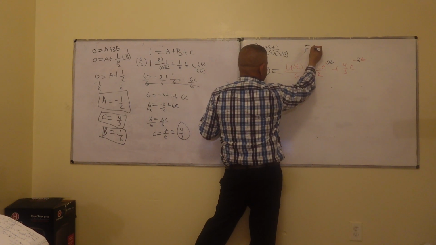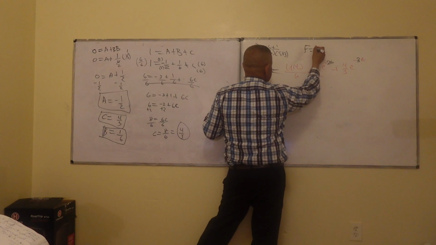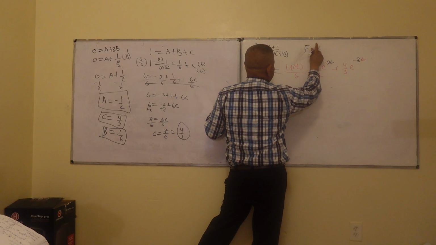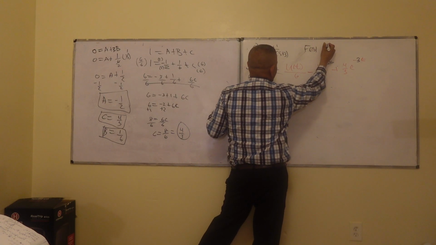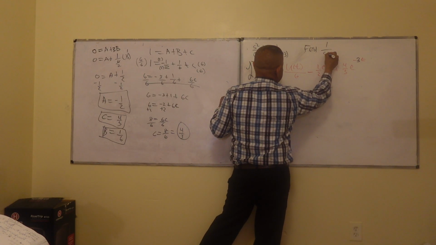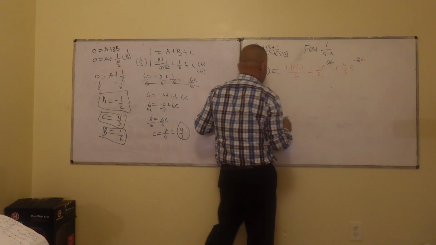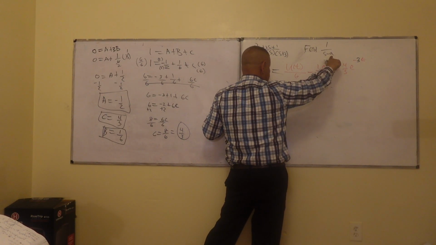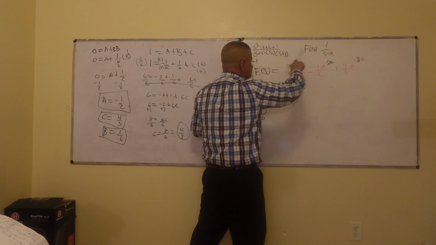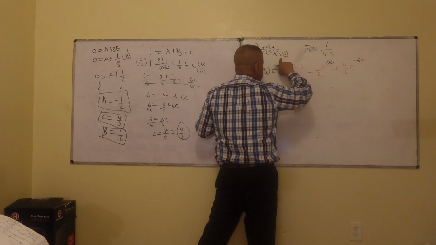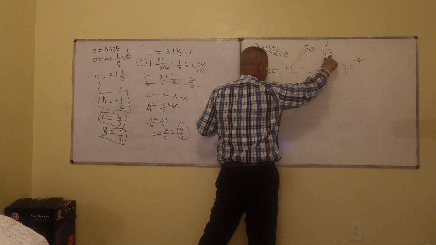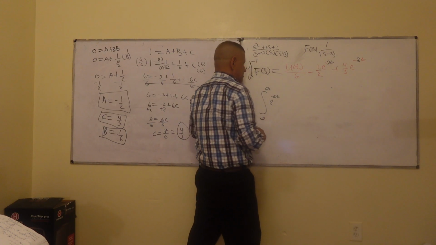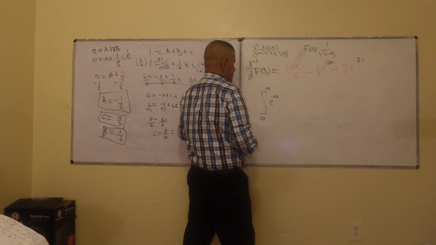F of s is going to be equal to 1 over s minus a, right? In this case, in order to get a positive here, you need a value of a of -8 over here. You can see that. So that's why we get this.